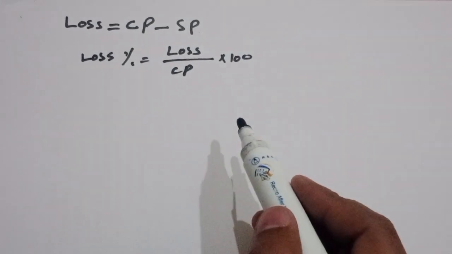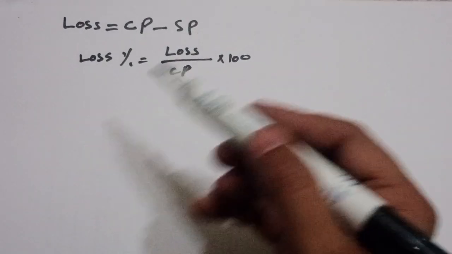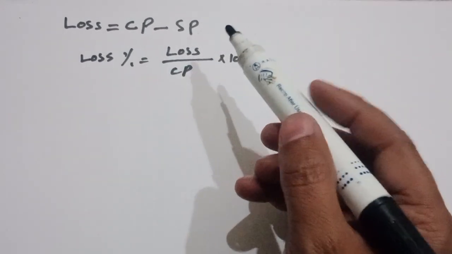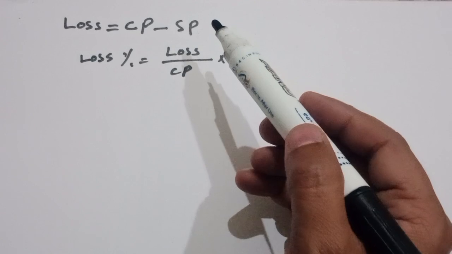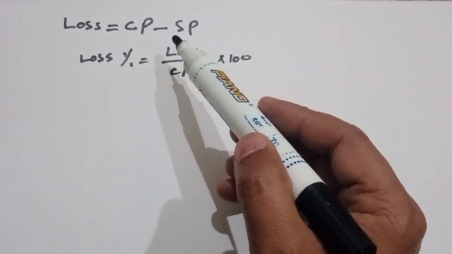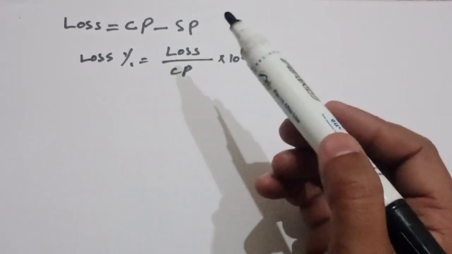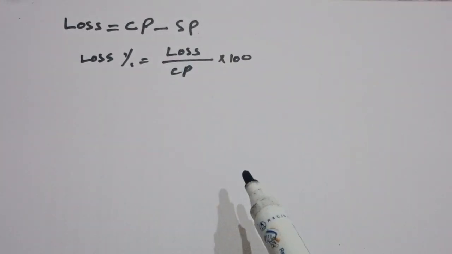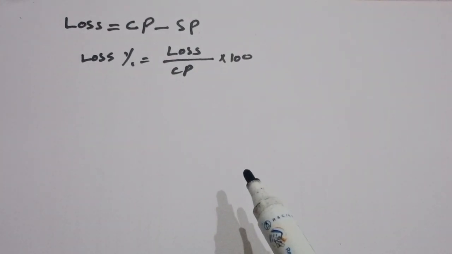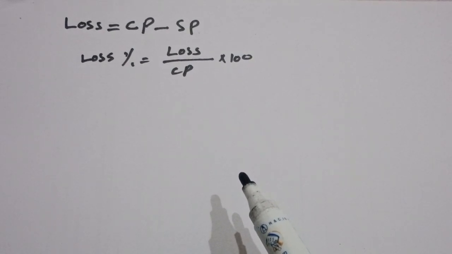Basically the formula for loss and profit is the same, with just a variation: in profit we have a higher selling price compared to the cost price, and in loss we have a higher cost price compared to the sale price. So this is how we can calculate the value of the profit or a particular amount of profit.